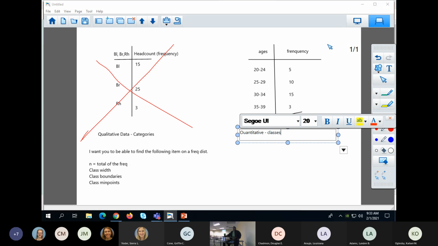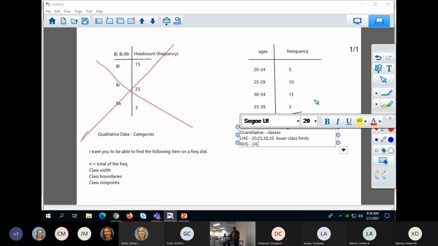The left-hand side of your classes, the 20, the 25, the 30, and the 35. They're called your lower class limits. And the right-hand side, I'm going to let y'all figure that one out.